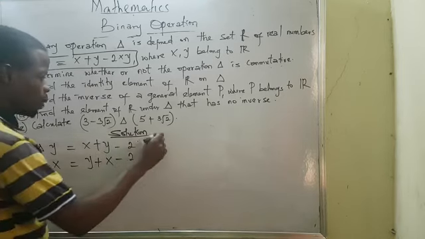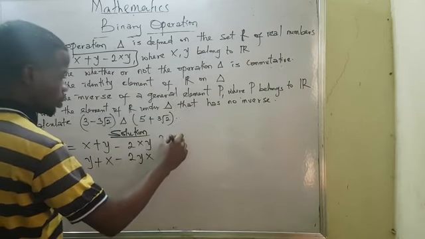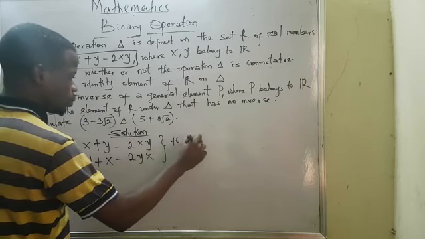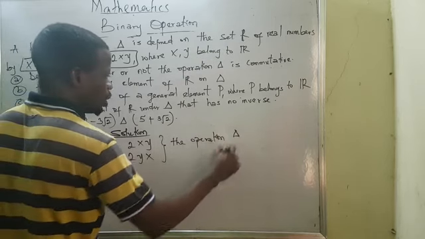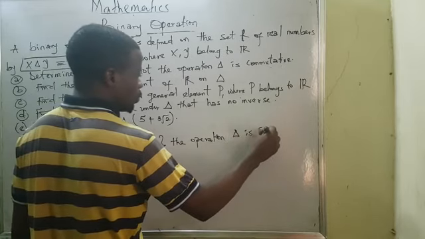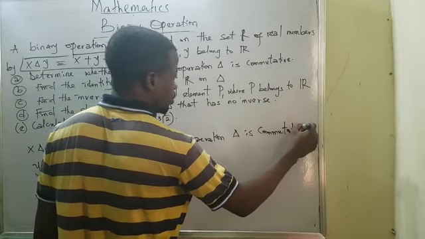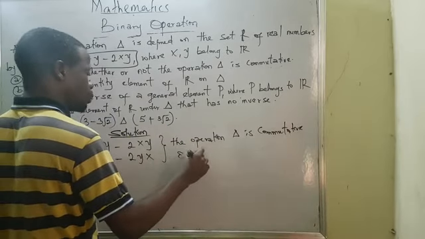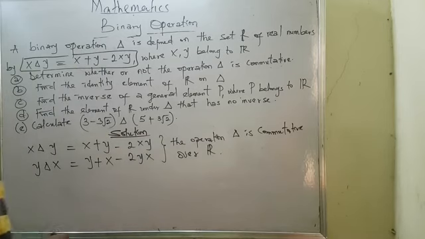So this implies that the operation is commutative over the set of real numbers that have been given, over x and y. So it is commutative on this set that is being defined.